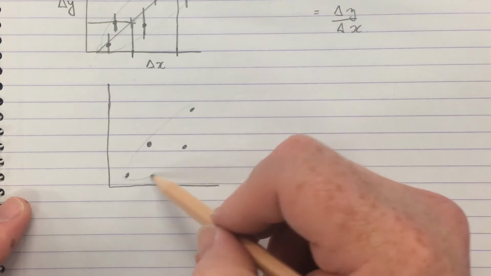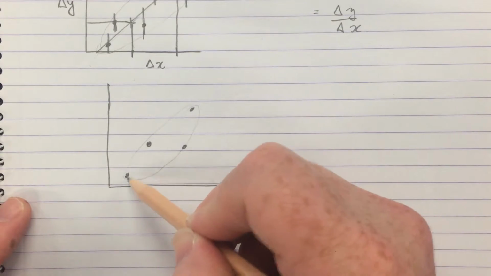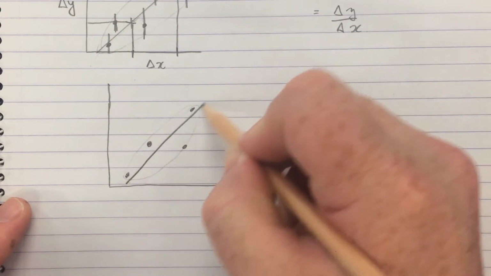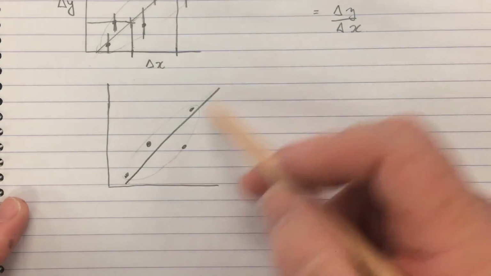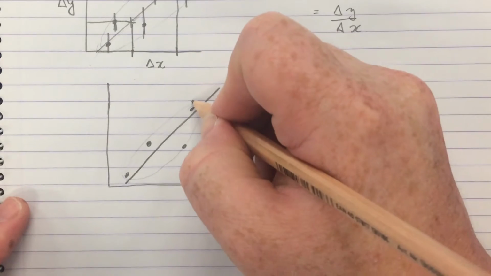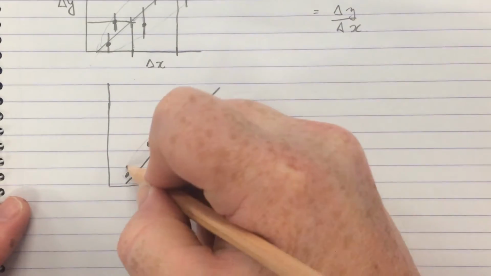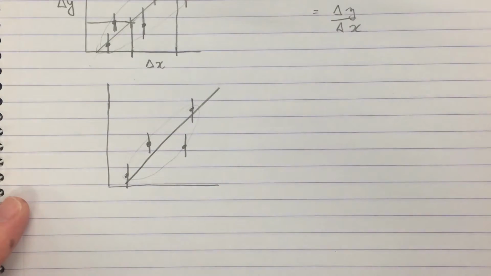I find it useful to draw an enclosure around the points in order to get a graphical or visual representation of where the line of best fit might go. What we want to do now is consider the uncertainties in our measured values.